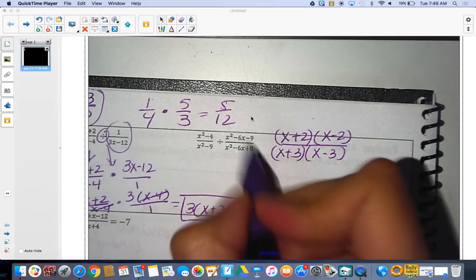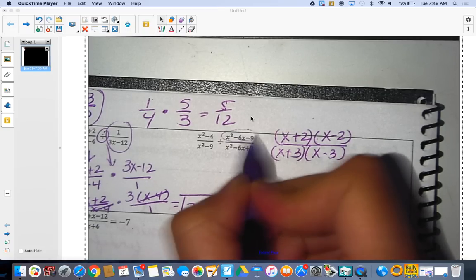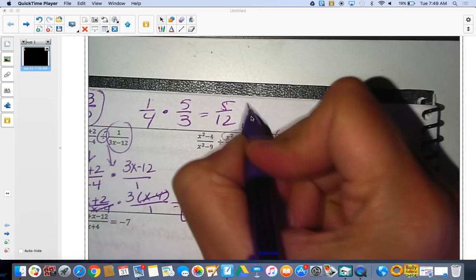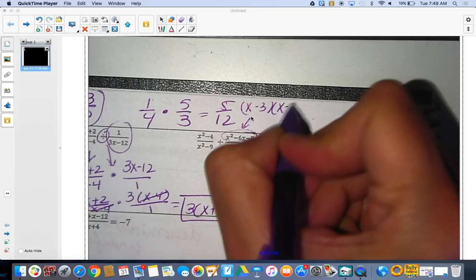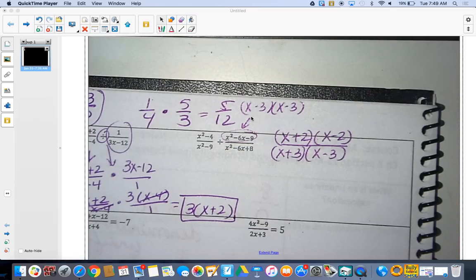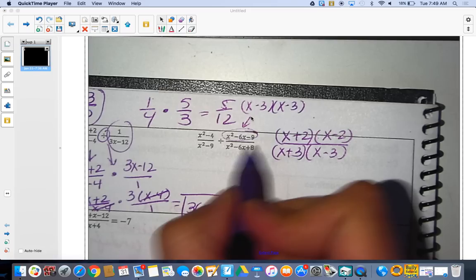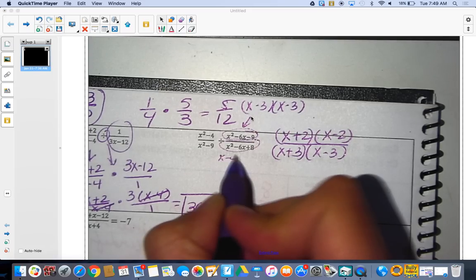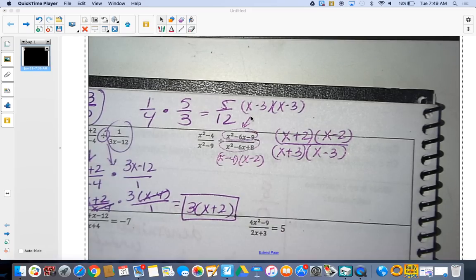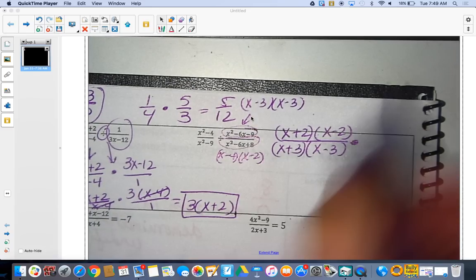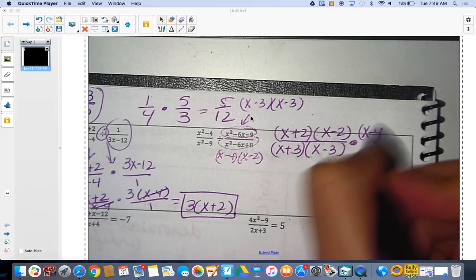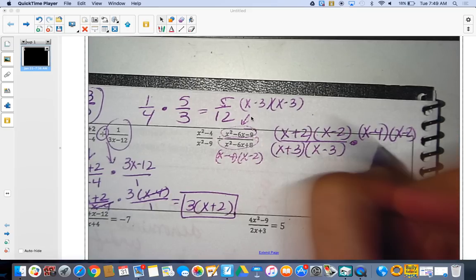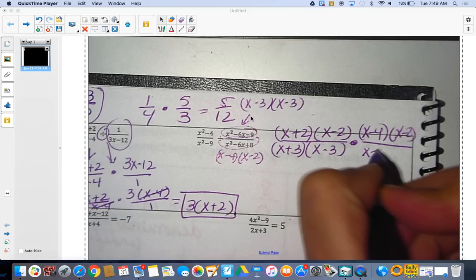Now, this top factors to be x minus 3, x minus 3. And this one factors to be x minus 4 and x minus 2. So now we change it to multiplication and we flip it. So this in the bottom will go to the top, and this at the top will go to the bottom.